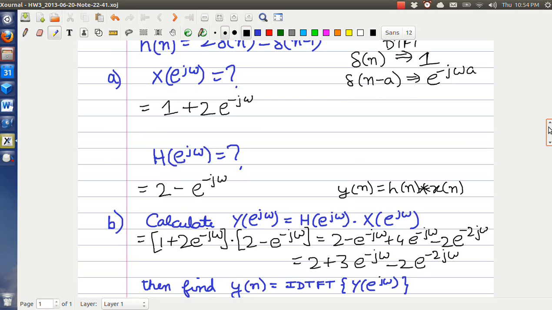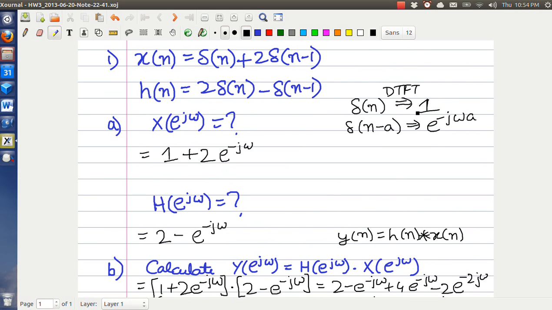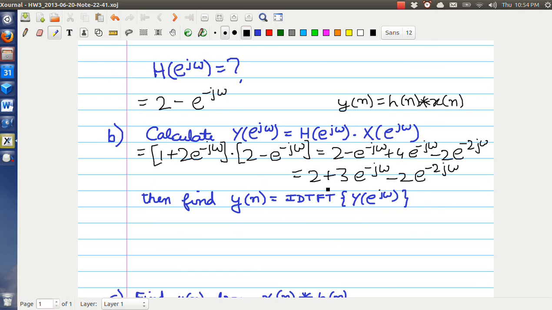So remembering the DTFT relationships between the delta function and 1, and the shifted delta function and e to the negative j omega a, we can write the inverse DTFT of 2 as simply 2 times delta n, because the inverse DTFT of 1 is the delta function, plus 3 times the inverse DTFT of this term, which is the shifted delta function, and the shift is just 1, so it's delta n minus 1.